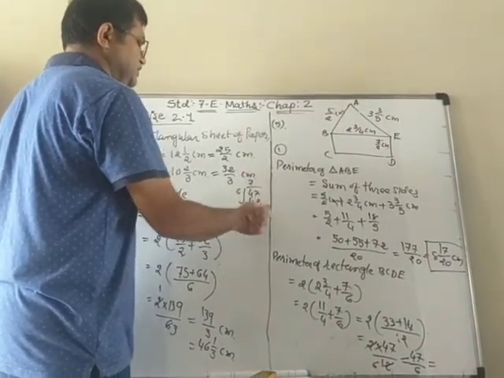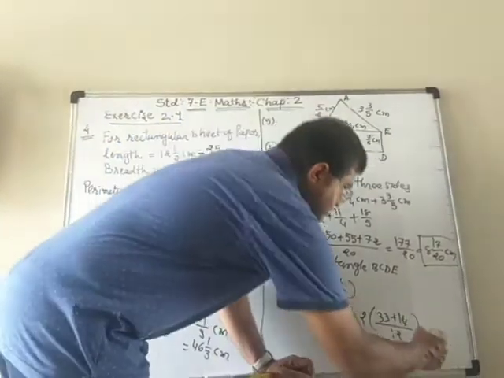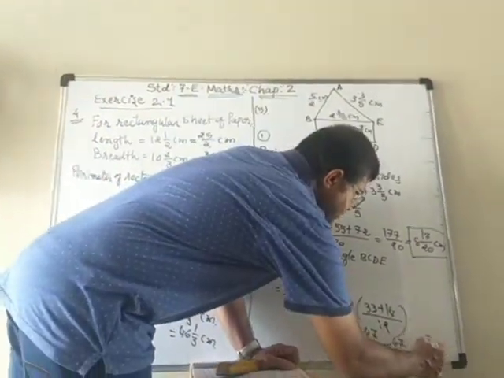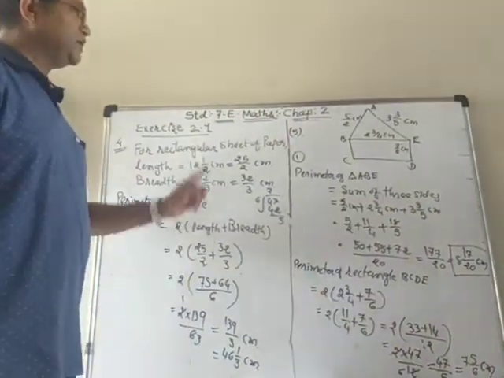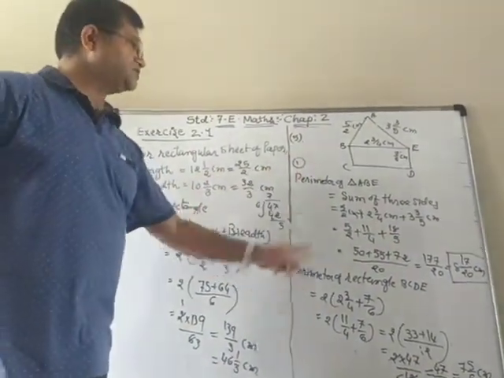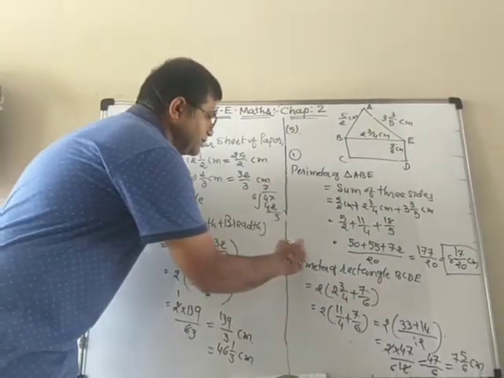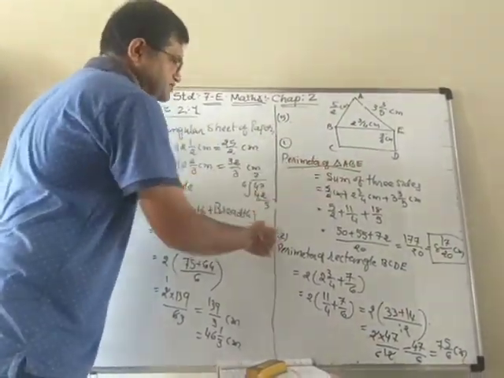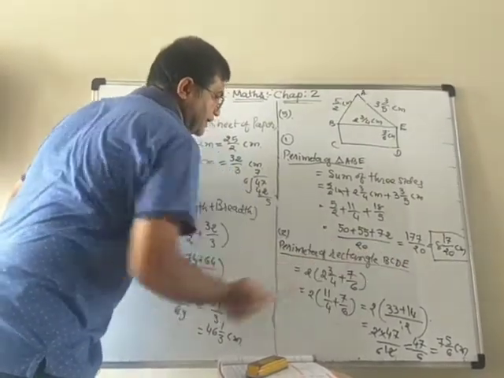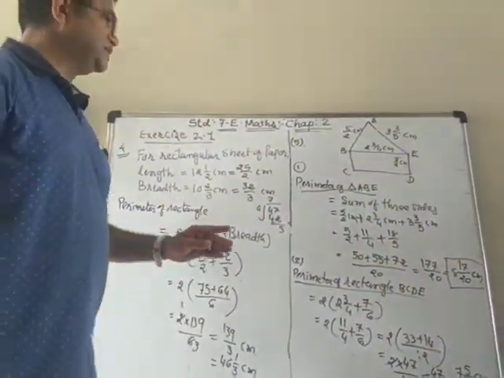So 7 integer 5 upon 6 centimeter. So we found both the required perimeters: first the perimeter of triangle ABE and second the perimeter of rectangle BCDE.